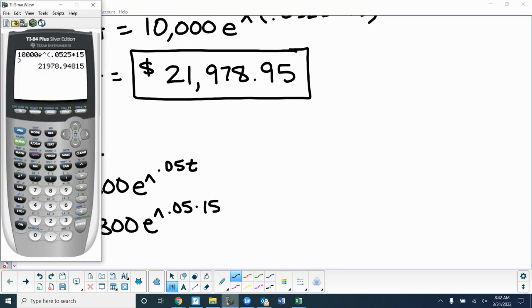So if I hit second enter, I can change this. Let's delete that because I don't need that much. 3,800, right? Got the E. Got the 0.05. We can delete the 2.5, right?